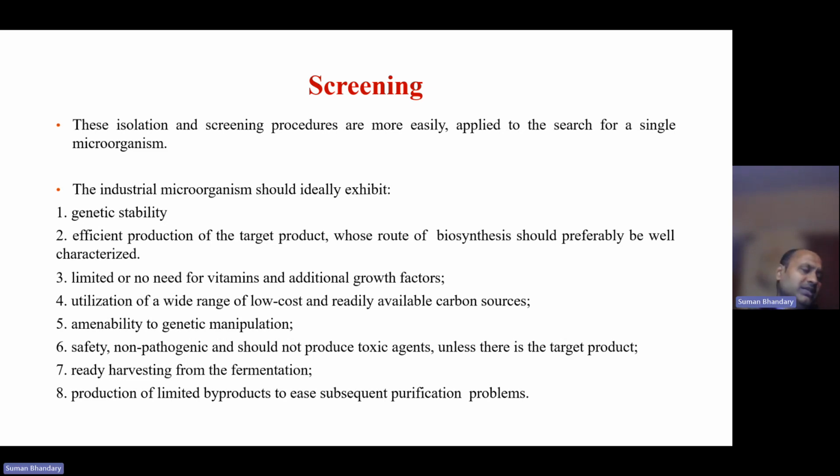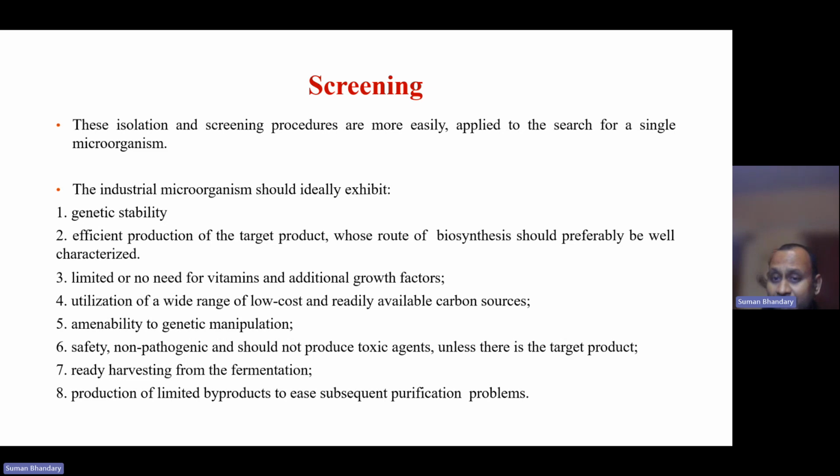The first one is genetic stability, then efficient production of the target product, less production of byproducts, limited or no need of supply of vitamins and other growth factors through culture media, utilization of a wide range of low-cost culture media available as carbon source, and amenable to genetic manipulation.